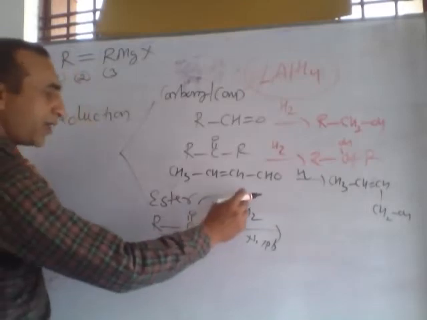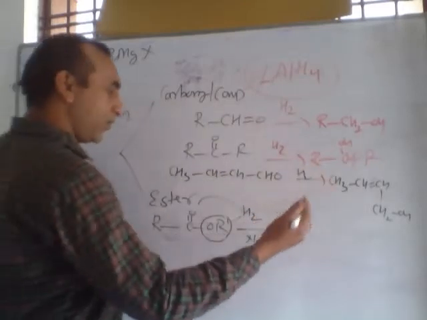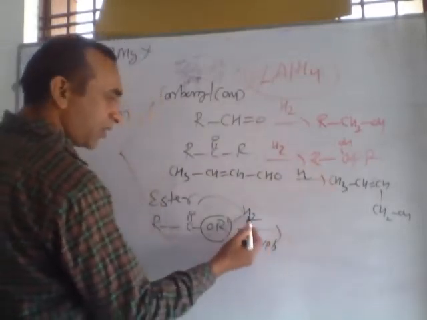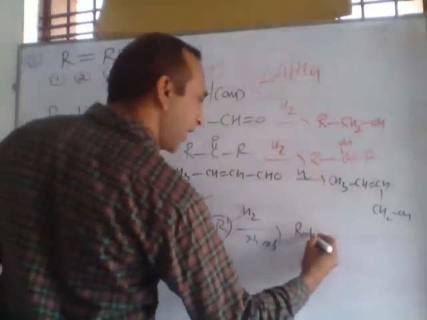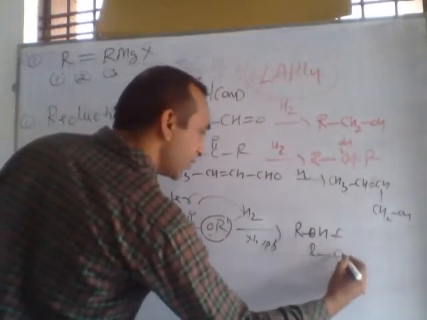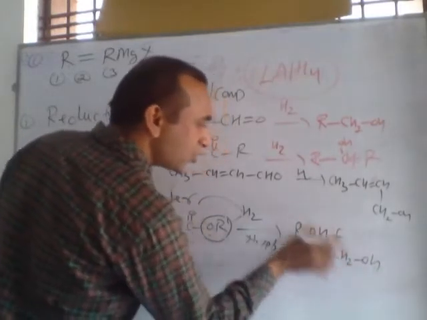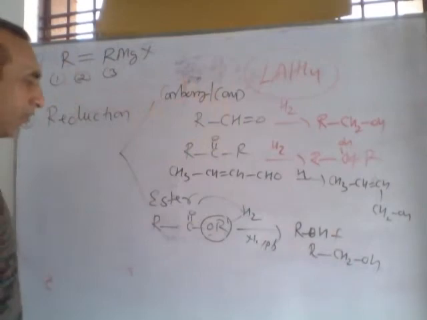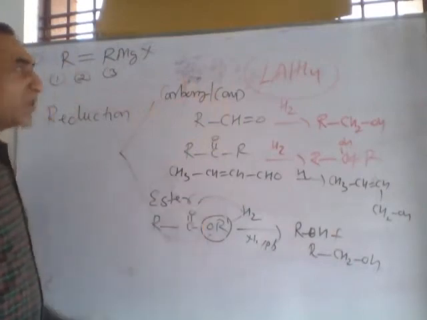So by addition of hydrogen, which type of compound will form? This R reacts with hydrogen to form simple ROH, and here RCH2OH. These two different types of alcohol are formed by breaking this bond.